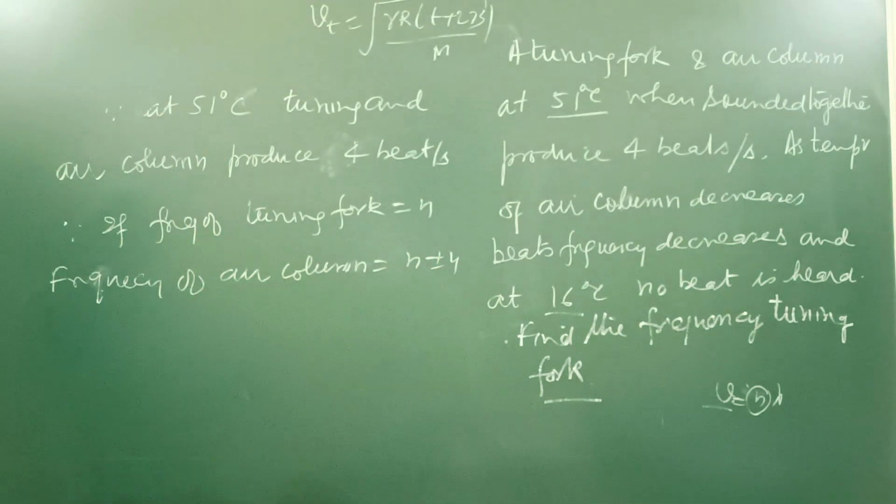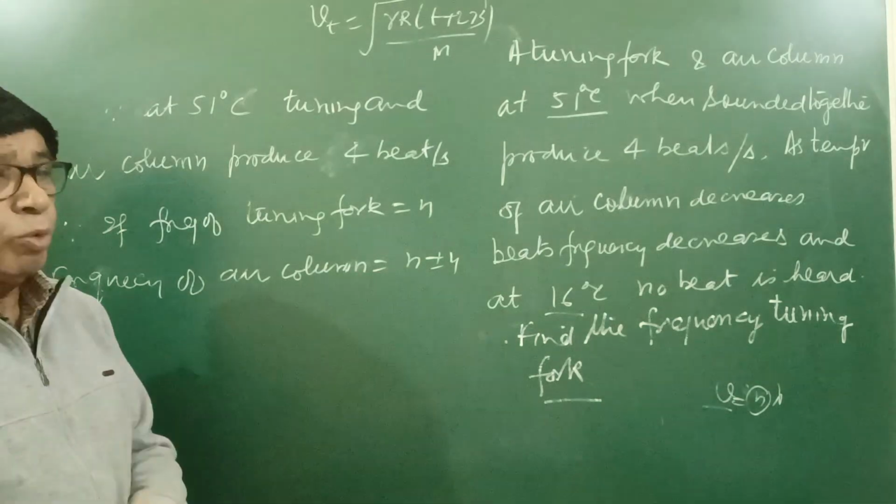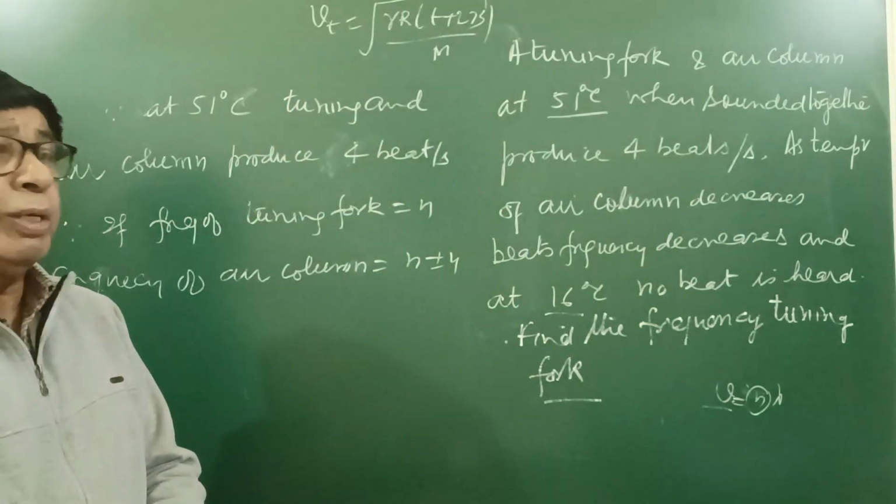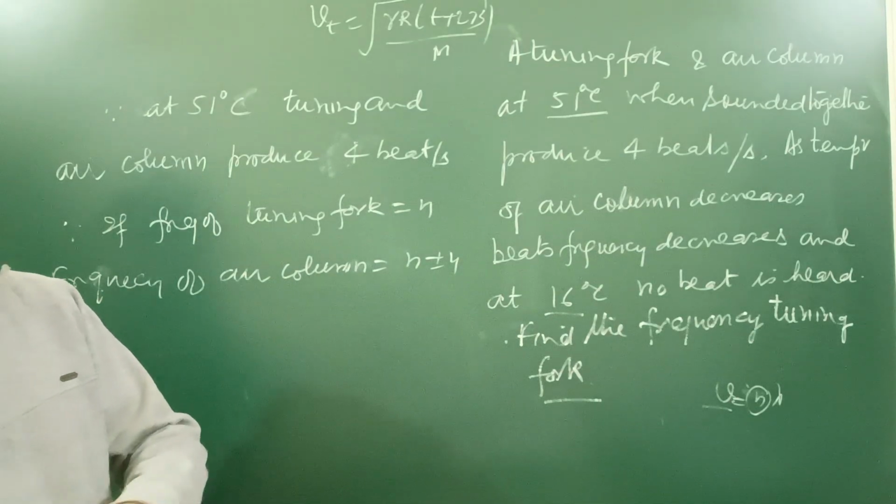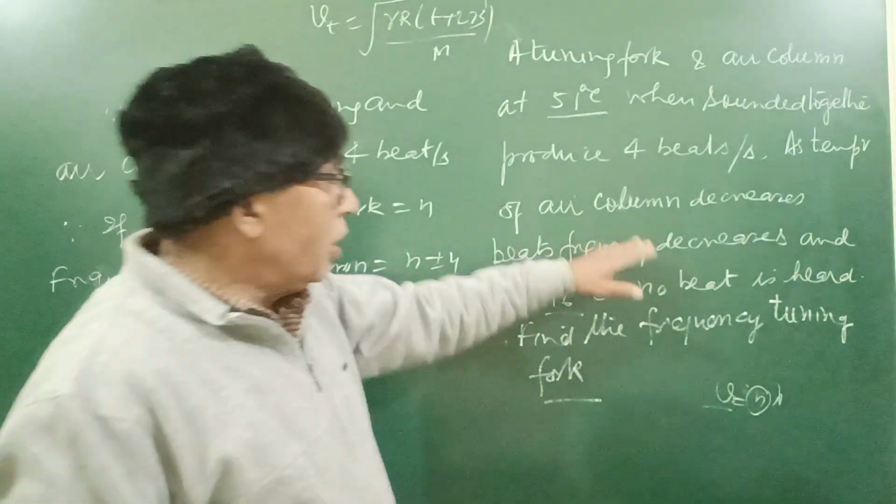Now we have to decide whether it is n plus 4 or minus 4. If we take n minus 4, the frequency decreases, so the beat frequency will increase.